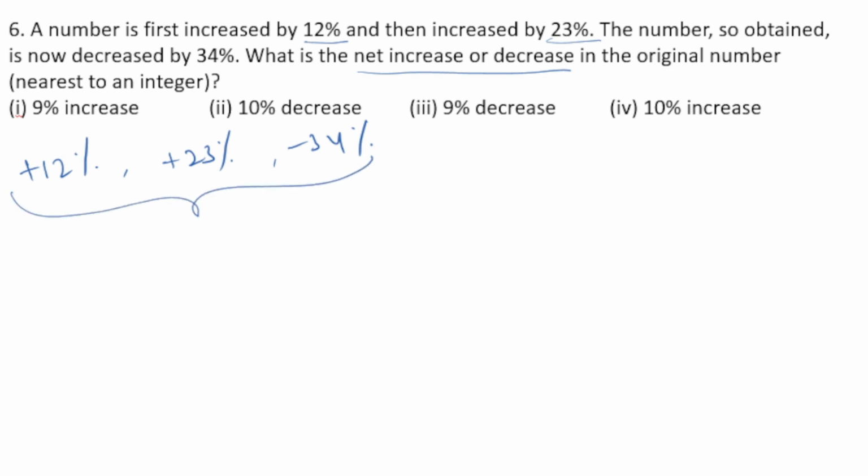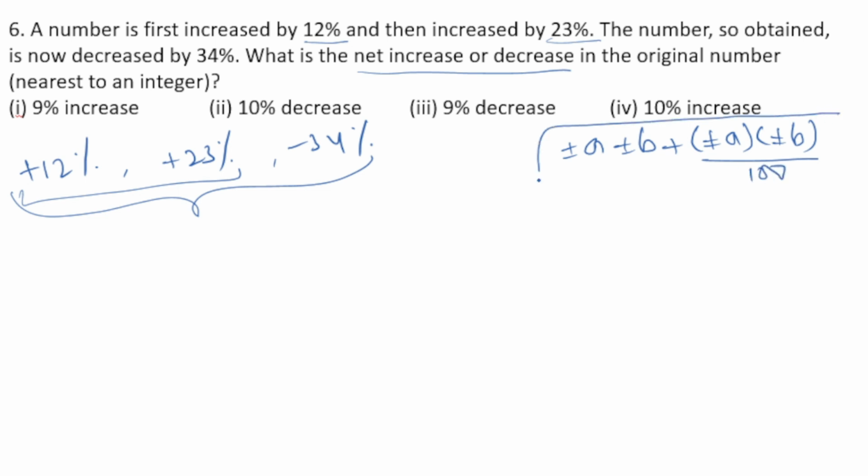Okay, so what do we do here? If two percentages are given, we can use the formula that is plus or minus A plus or minus B plus or minus A into plus or minus B divided by 100. Okay, so we will use the same formula for the first two percentages. Okay, what do we get here?